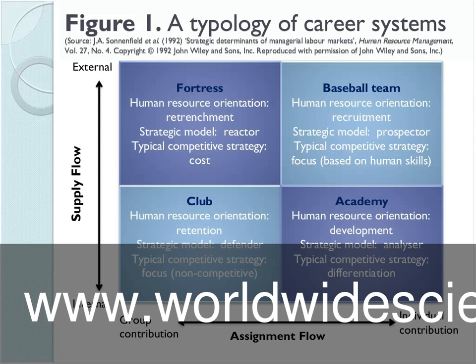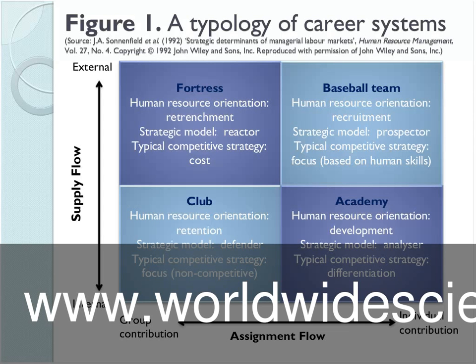Next is the baseball team. What about the baseball teams? Baseball teams use external labor sources at all levels to seek the highest contribution. There is an emphasis on recruitment to maintain staffing levels. Employees tend to identify with their profession rather than the organization.